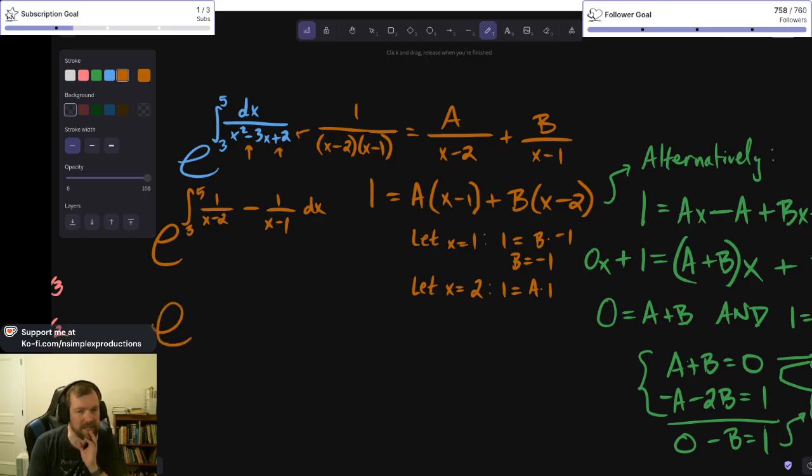All right, this is going to be e to the, here, the integral of 1 over x minus 2 is going to be the natural log of the absolute value of x minus 2, evaluated from 3 to 5. And then we get a minus natural log absolute value x minus 1, also evaluated from 3 to 5.